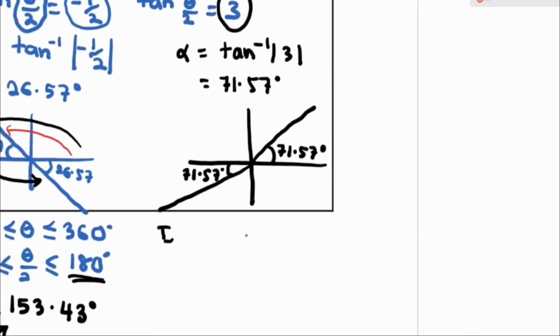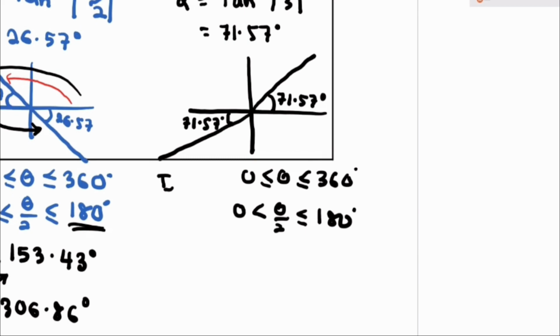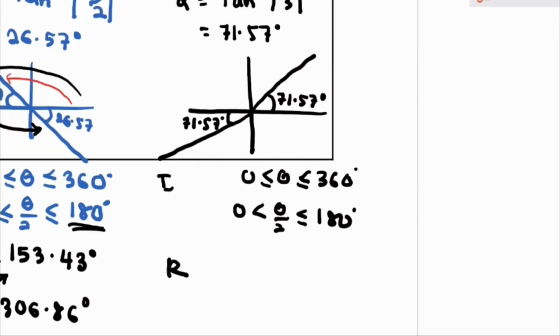Interval. They given theta from 0 to 360, and this one is theta over 2, so you must change the interval by dividing by 2. So you must rotate until 180, it cannot be more than 180. Now you want to rotate here, starting from the first quadrant.